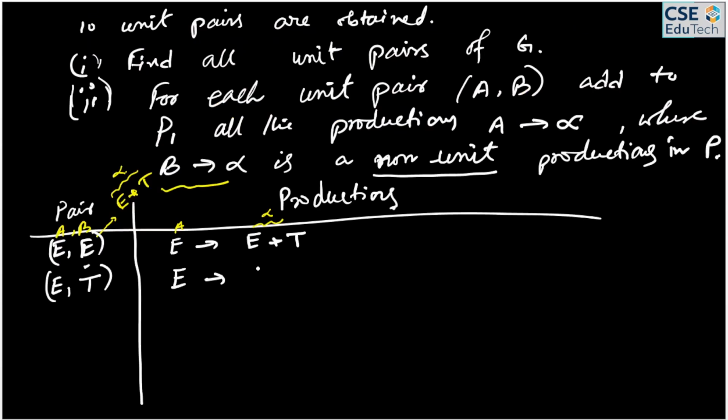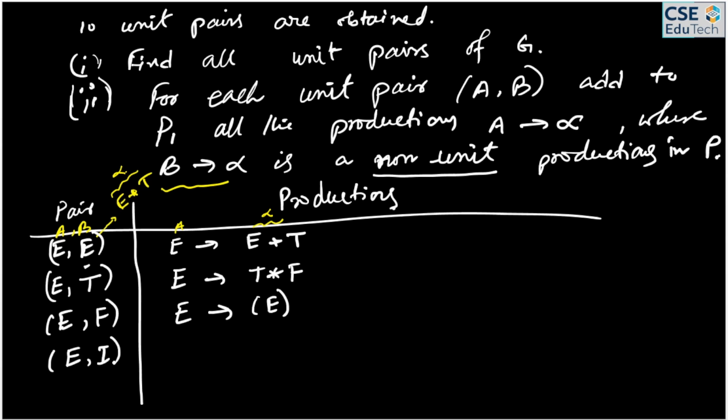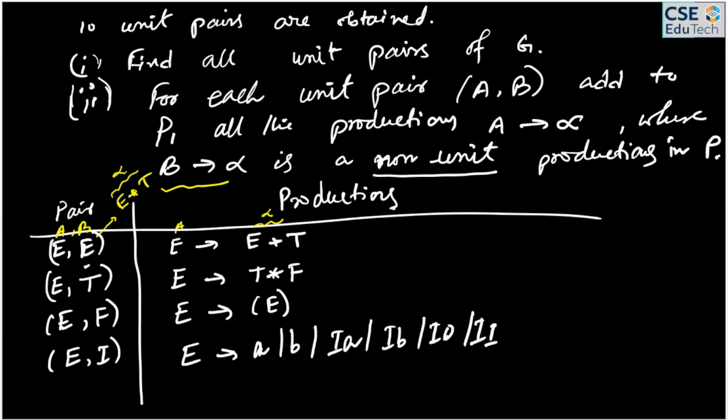So we write here T into F. Similarly, we can write E comma F. So we have to find the non-unit productions from F. So we can write E to bracket of E, and then E to I, we have to find non-unit productions from I. So we can write E to I means A, then B, then IA, IB, then I0, I1 we have obtained.